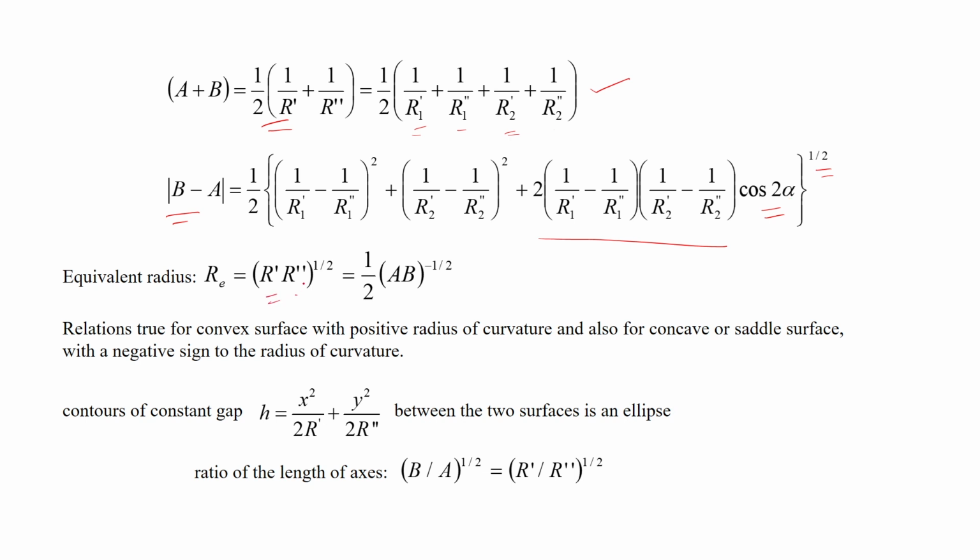Because we have two unknowns, r dash and r double dash, we need these two equations, and we can find them out. And we can also show that, depending on r dash and r double dash, it will be an ellipse, and this ellipse will have the ratio of the lengths of axes given as: square root of b by a equals square root of r dash by r double dash.